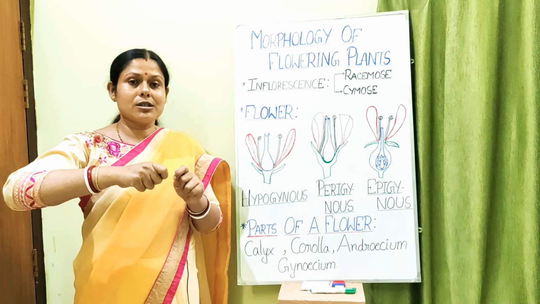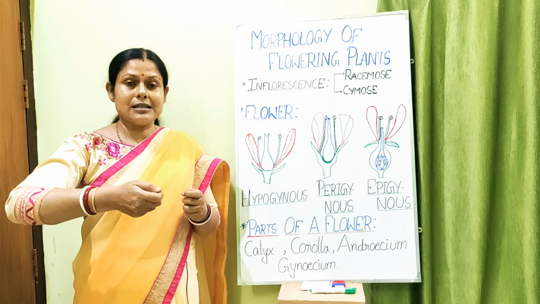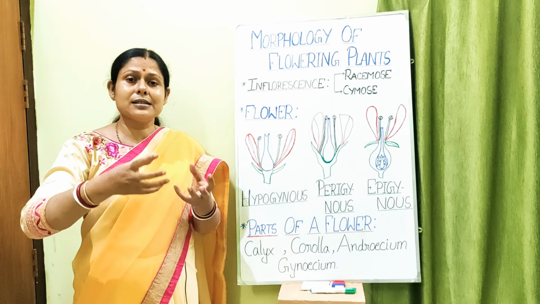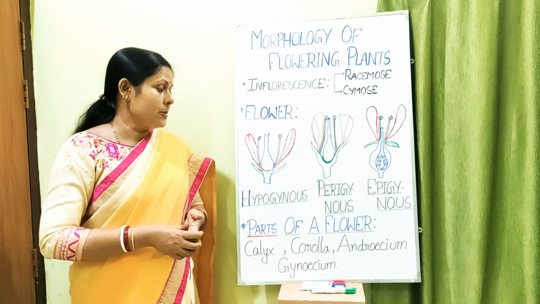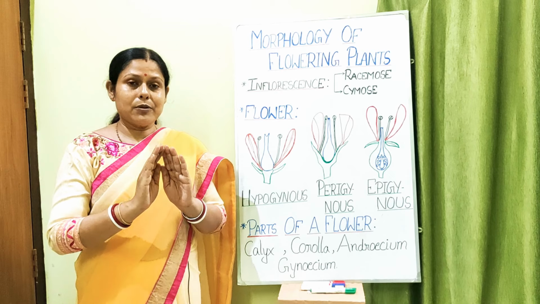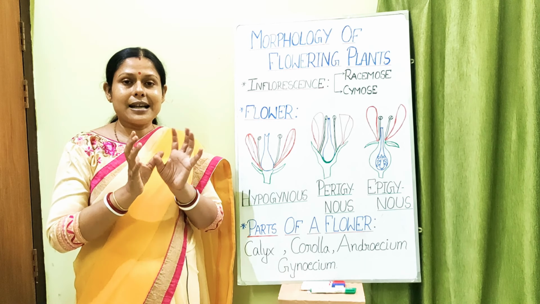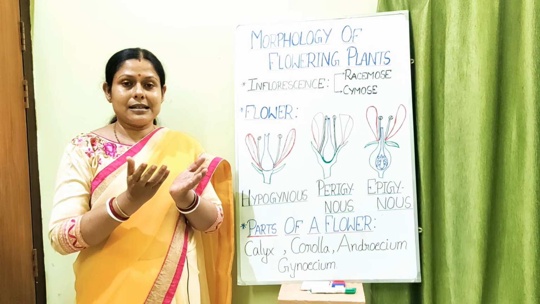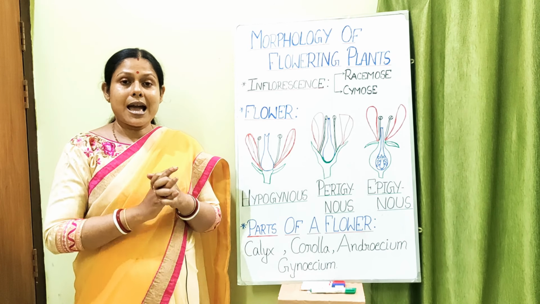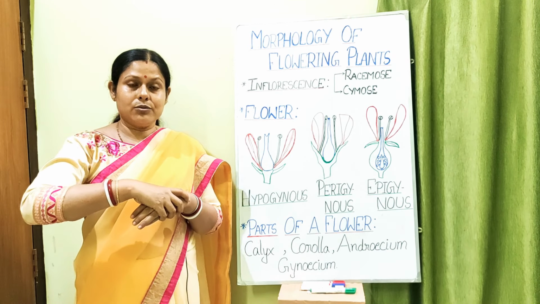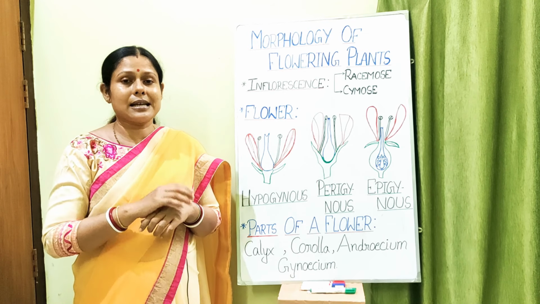The calyx is not detached very easily. Of course you can detach it, but it is persistent with the fruit of the brinjal. So we call that type of funnel-like structure or united calyx the gamosepalous condition, and when it is attached with the fruit we call it persistent calyx.